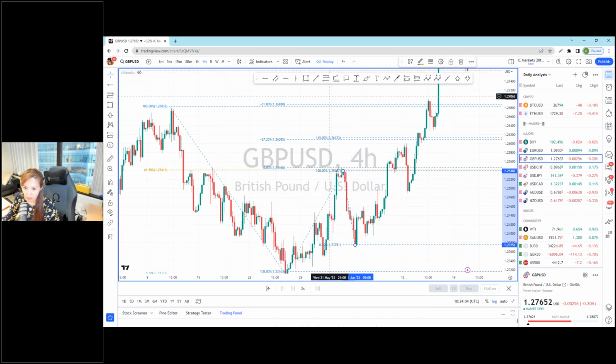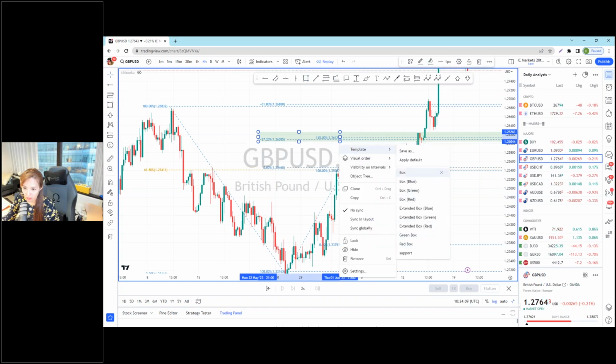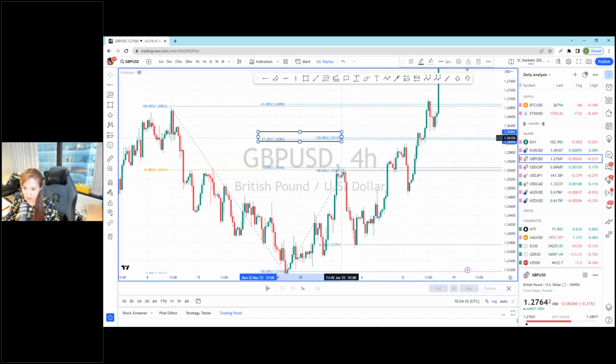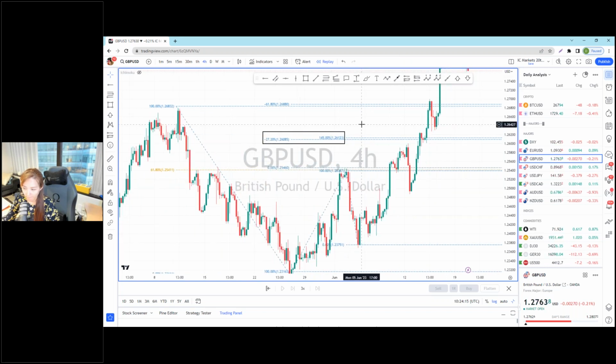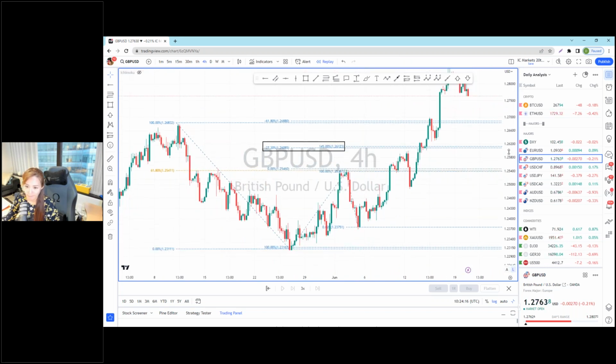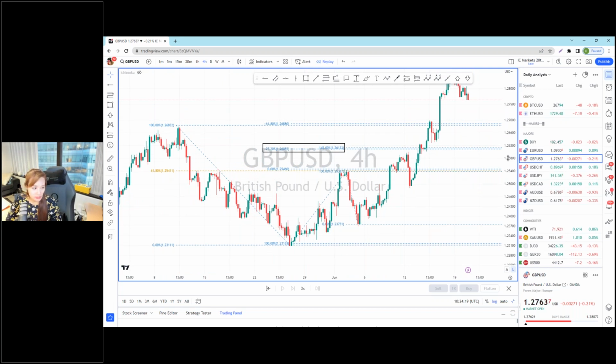So this level could be your TP. This is how you find confluence, okay? Any questions so far, guys? Do you think this is useful, or are you guys going to use retracement, expansion, projection, or extension to trade?